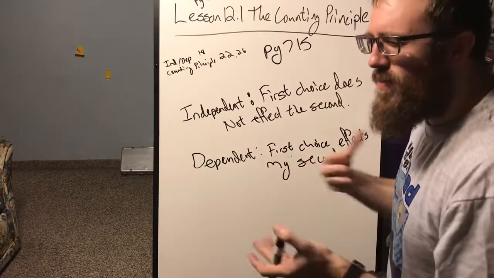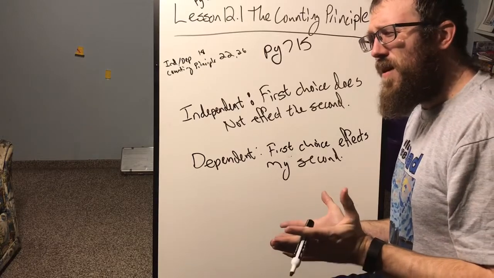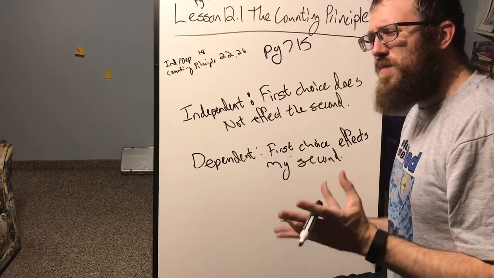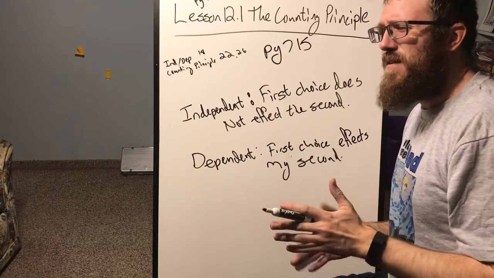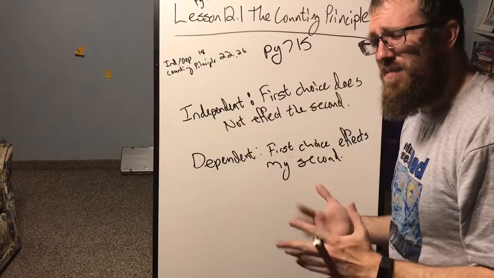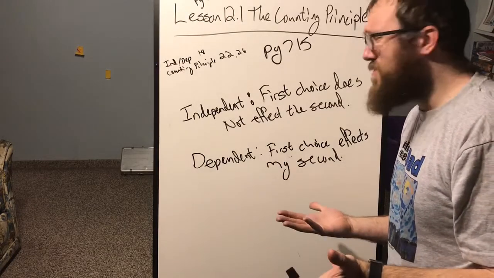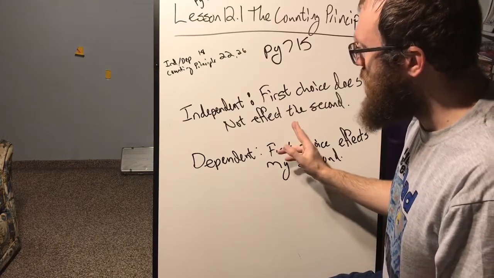Now, there may be some theming and things like that. Like I said before, where with my meal, my protein may pair better with something else. If I'm really into dinosaurs, I may pick a fiction and nonfiction book that are related to dinosaurs. But that doesn't mean that the two events weren't independent still.